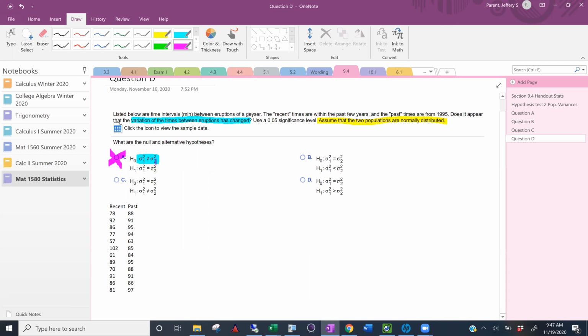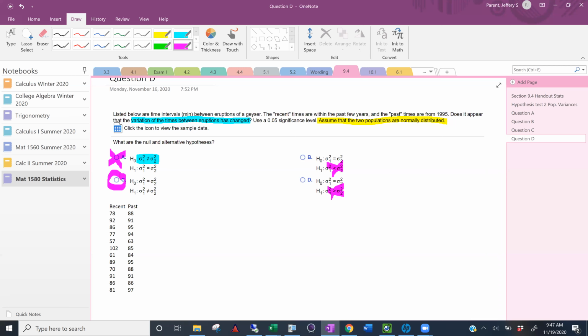Well, these other two have the wrong alternative hypothesis because they don't have the not equals to. So C is the correct form of this, equals and not equals. So that's our step one.